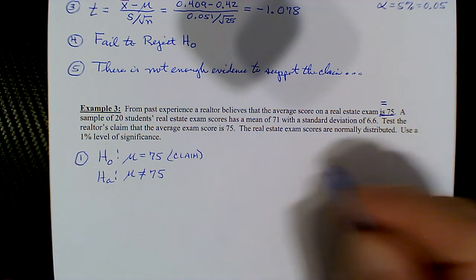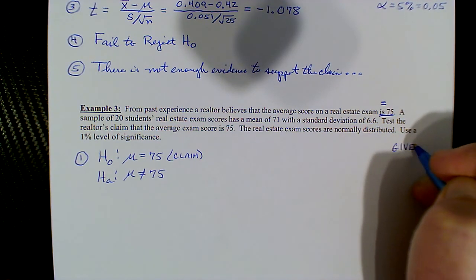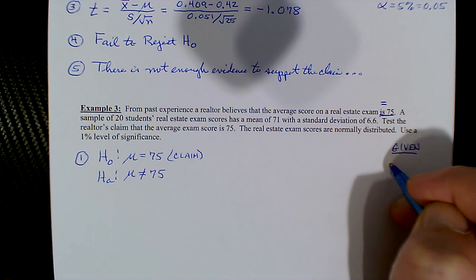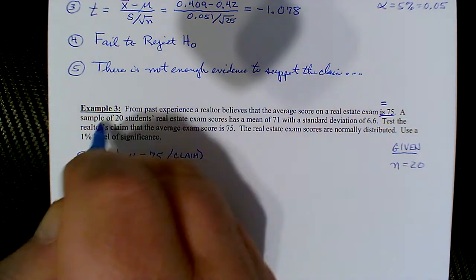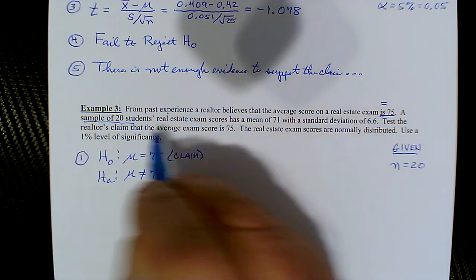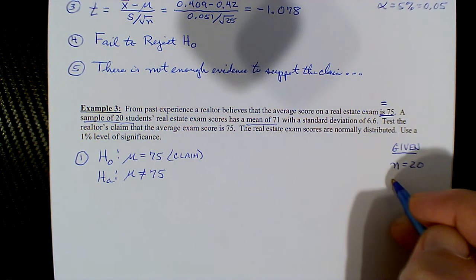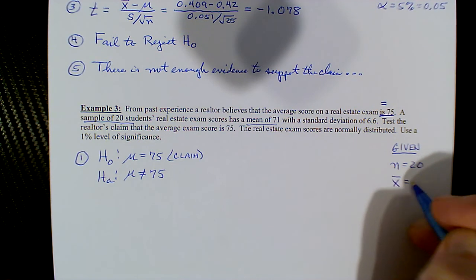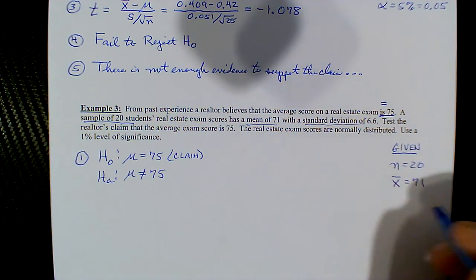All right, let's read out and write down the given. Took a sample of 20 students. And on that sample of 20 students, the mean was 71, so that's the mean of the sample, x bar. And the standard deviation was 6.6.